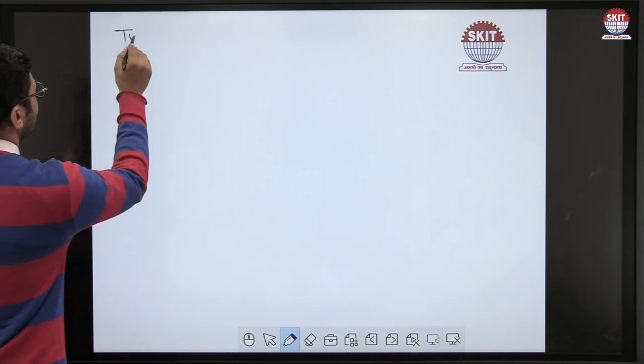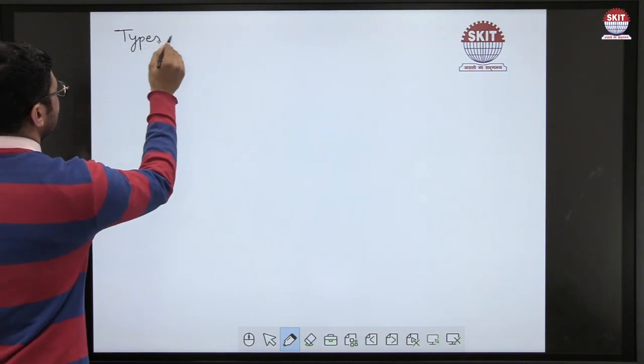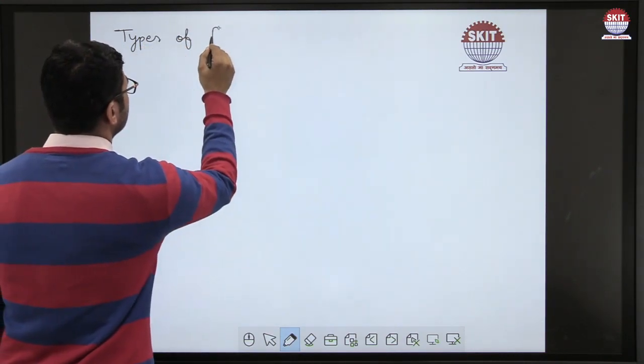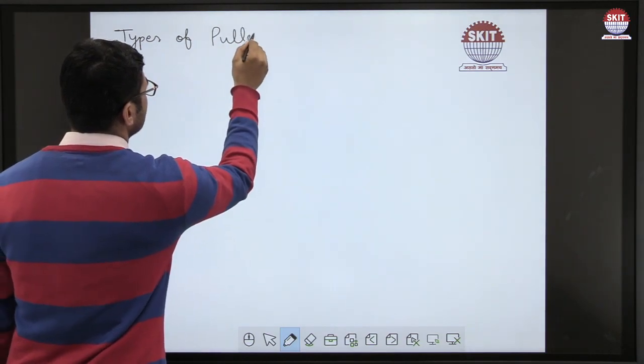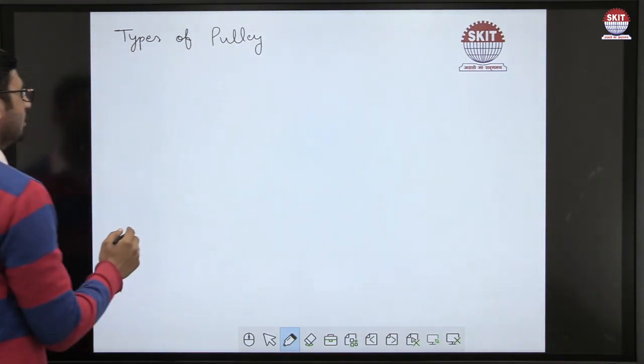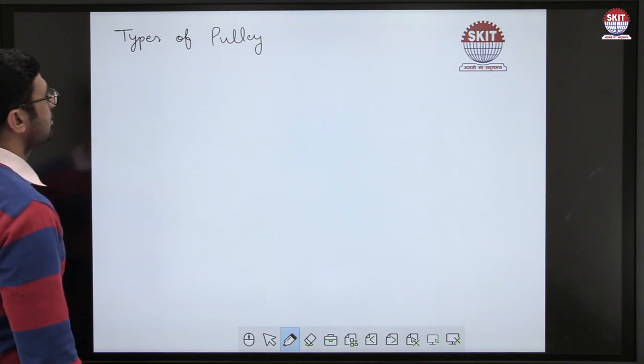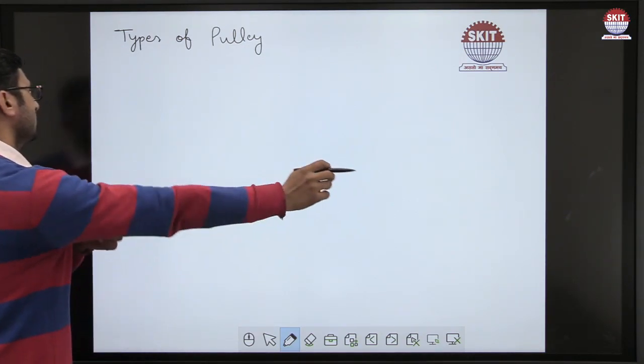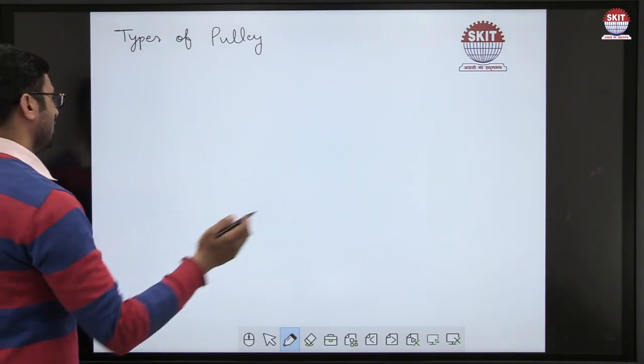Types of pulley. For power transmission between shafts, we need to apply pulleys on the shafts.